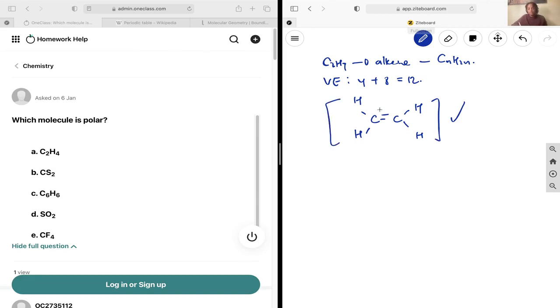And next, we need to find the geometry by finding the hybridization of each carbon. This is going to be sp2, and this is also sp2. That's because it has 3 things attached to it. So you have 1, 2, 3. This double bond, we're going to count it as 1. And because of that, it is going to be trigonal planar.